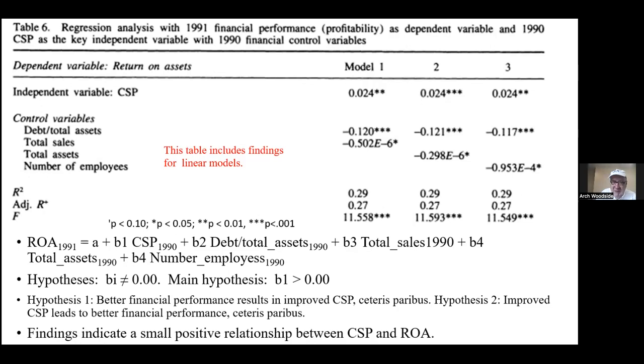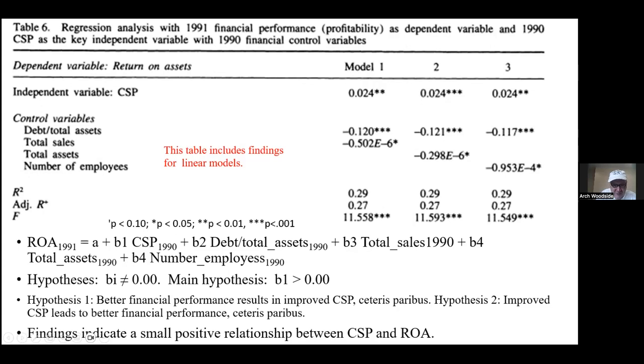So we'd like to be able to actually predict when the relationship between CSP and financial performance is going to be high, and also when is it going to be low, and also when is there no influence within the cases in your data set.